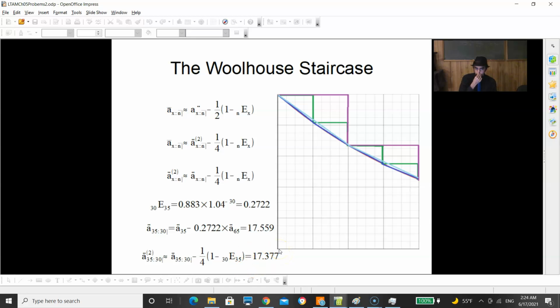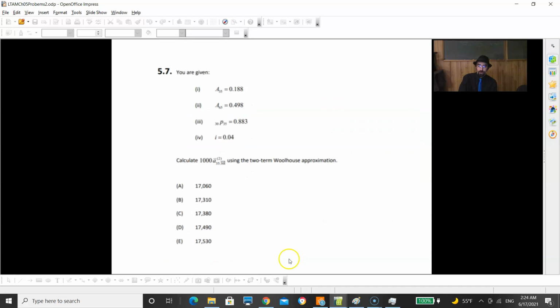And there you go. You get 17.377. So you multiply by 1,000 and you get roughly 17,380.